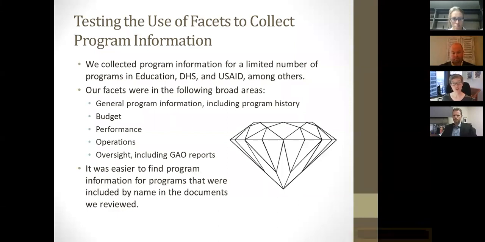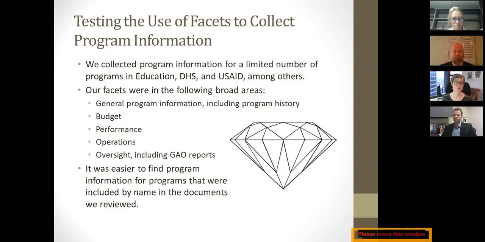We found that it was much easier to collect this information for programs where the name was in the documents that we were trying to search. And that might sound very obvious, but it comes up in terms of budgets and things like that, or performance plans that may not drill down to the level of what we would think of as an individual program.